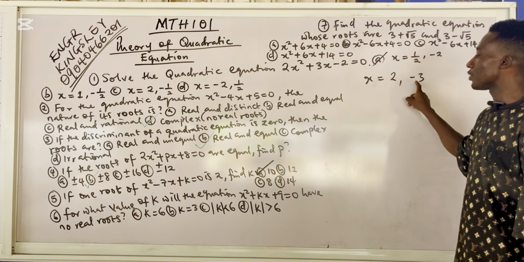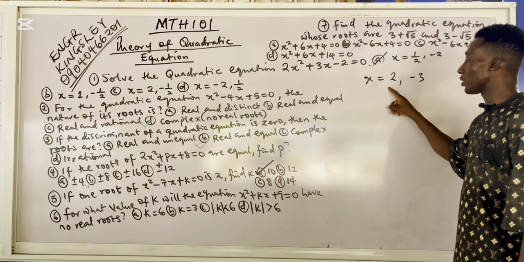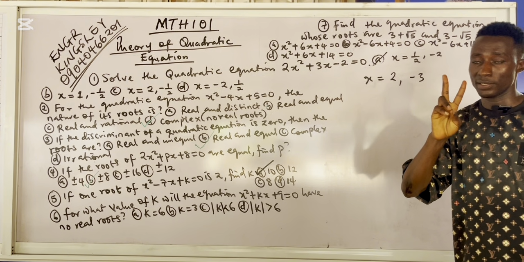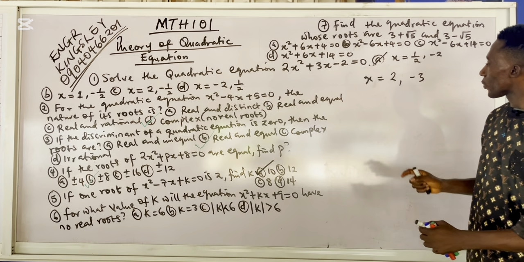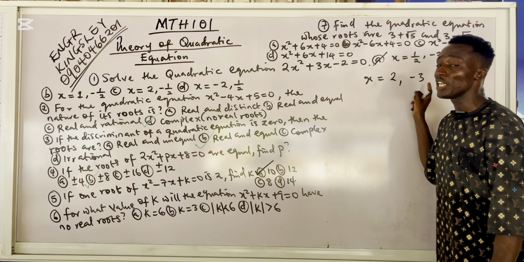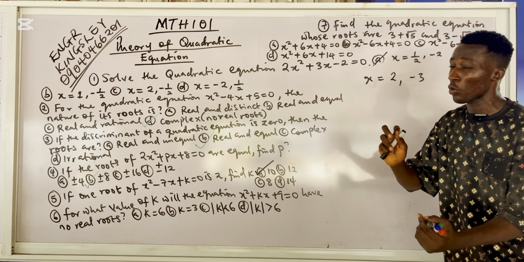If you have this to be the answer of a quadratic equation, you know you are meant to have two answers. You get? So for them to be the answers of this quadratic equation, they are called roots.